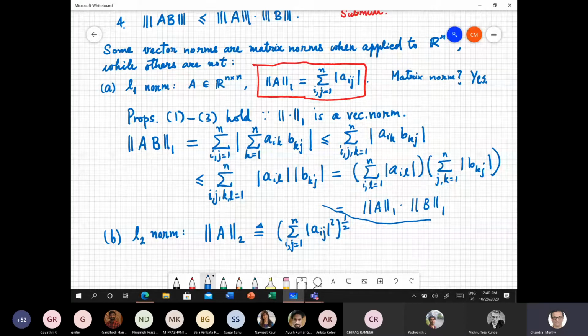So the L2 norm I define like this. Just like the vector L2 norm, which is the square root of the sum of the squares of all the entries, I define the L2 norm to be the sum of the squares of all the entries in the matrix, and then you take the square root. So is this a matrix norm?